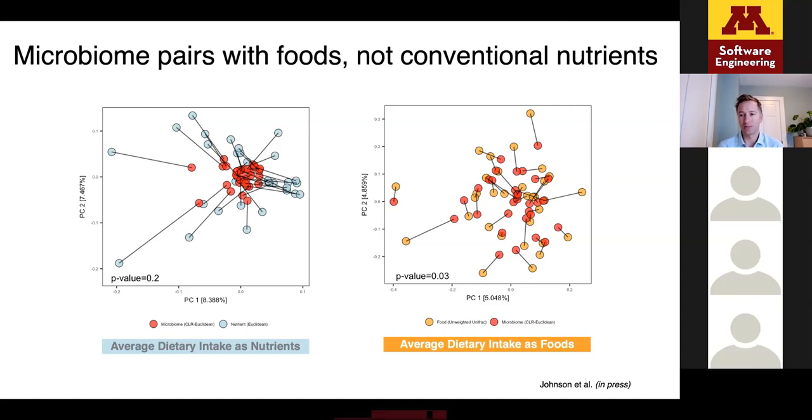A banana is a great example I heard somebody use once. A ripe banana has different fibers in it from an unripe banana. So you can't just say banana. It's a really hard area to work in, which is why Abby's doing that now. That's her work: how do we better measure diet and deal with food-to-food variation and incorporate that into studies about human health.